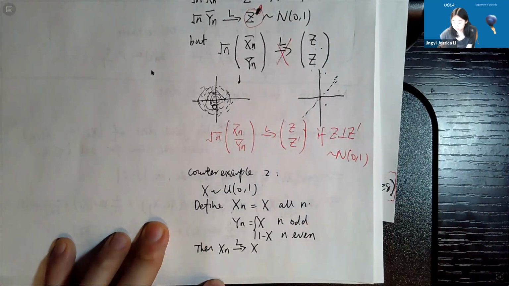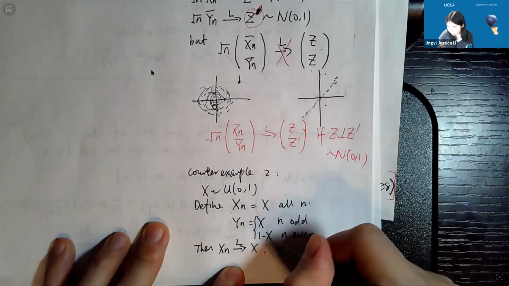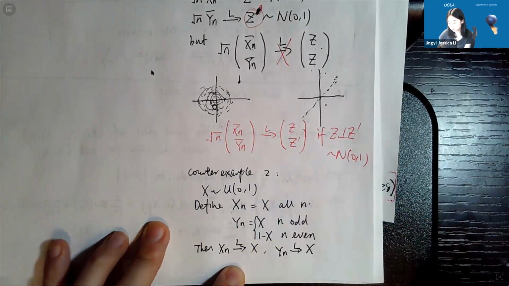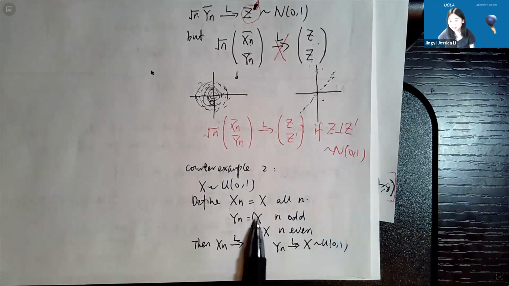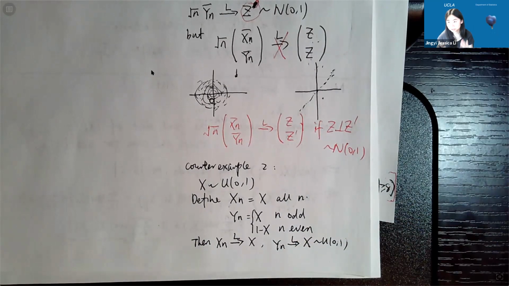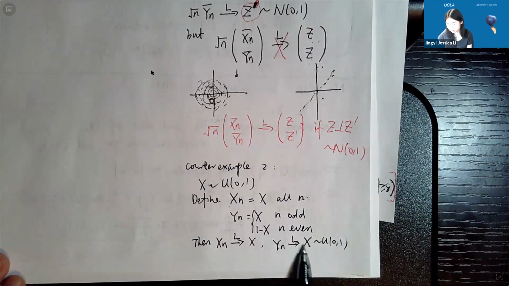Because it's equal. So is my Yn. Yn is also converging in law to X, where X just follows uniform 0 to 1. Because no matter how it's alternating, its distribution is constant. It's fixed as uniform 0 to 1. So Yn is also converging in law to that.